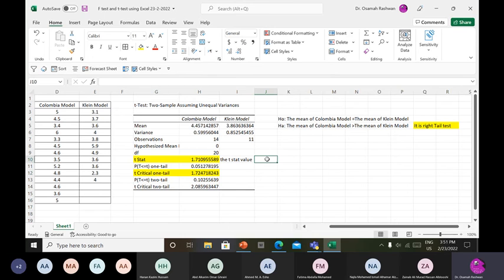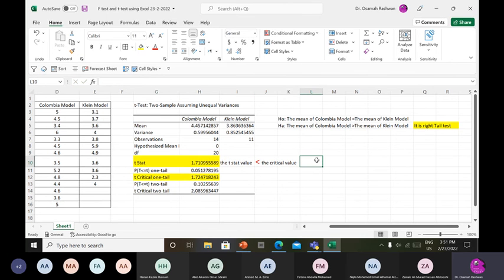Is it less than the critical value, right? Okay, because it is less than, I can make it red and make it bigger just to be very clear. So are you going to reject or accept the null hypothesis?